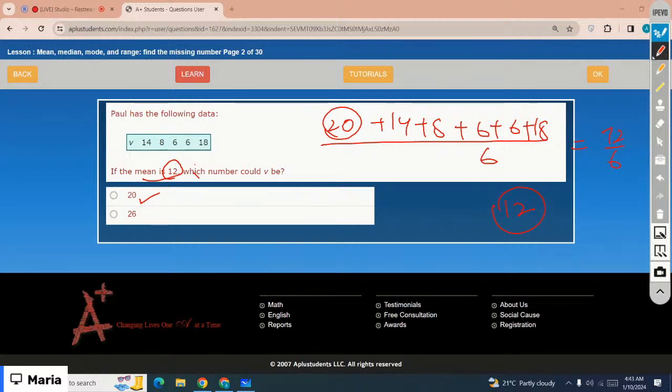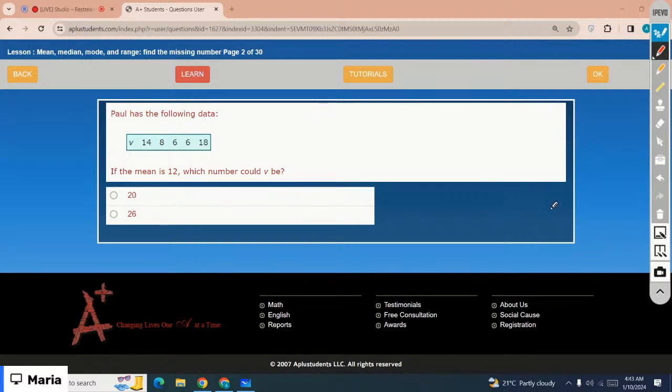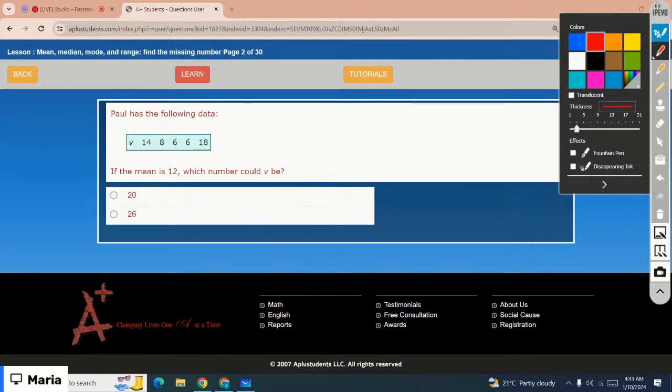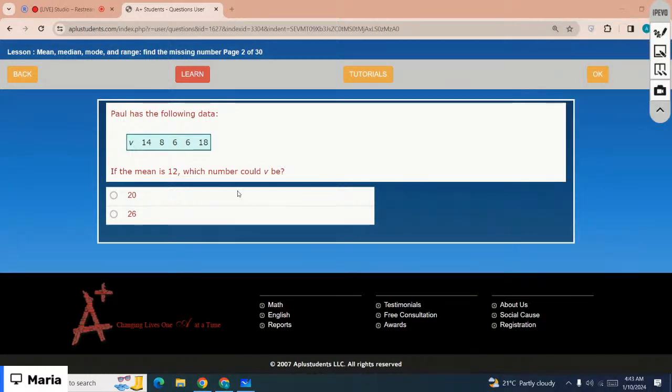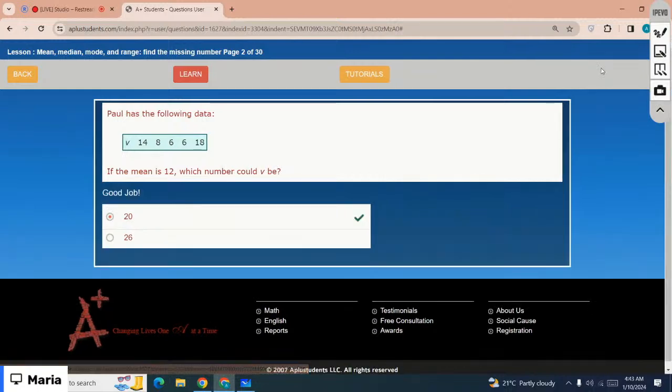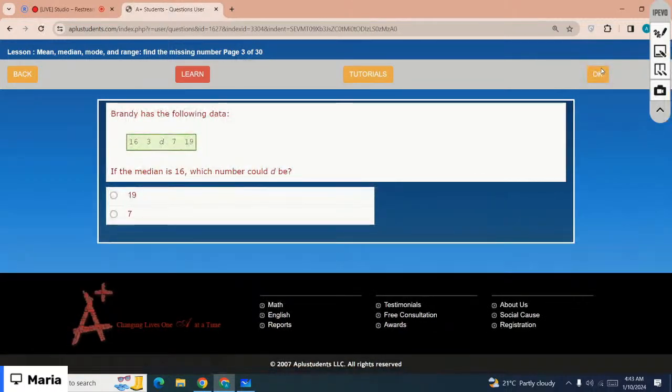The V could be 20. The correct option is 20. Got it? Because by replacing V by 20, you will get the mean 12. So that means V could be 20.